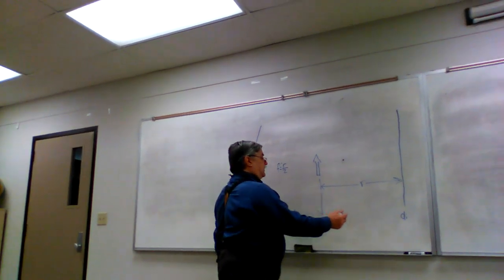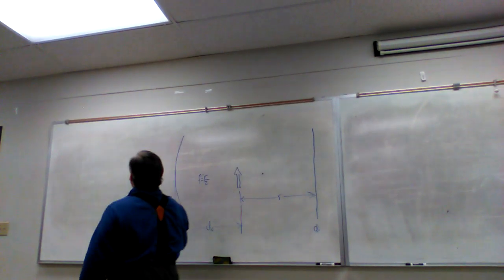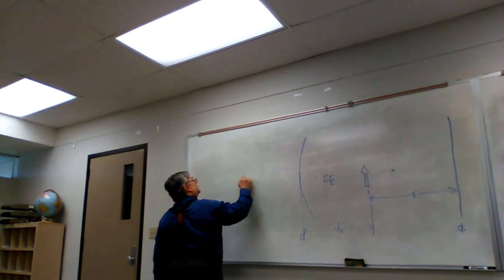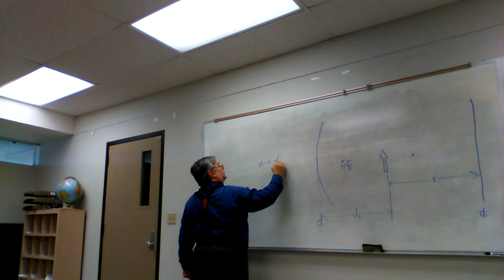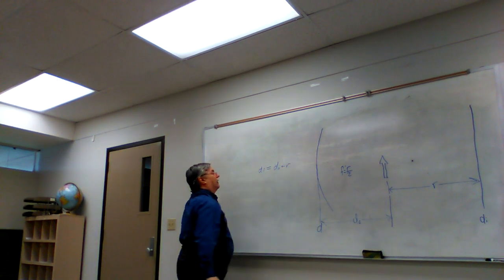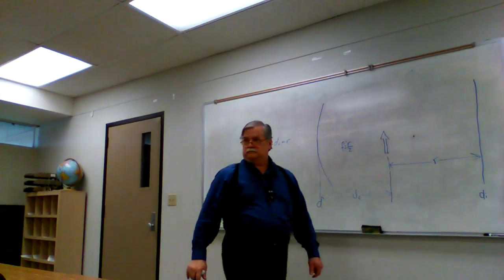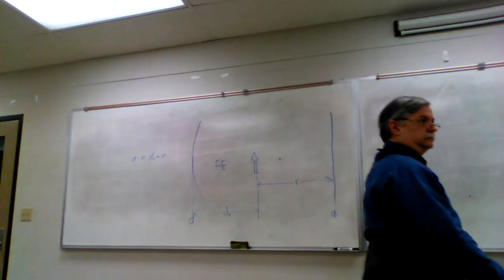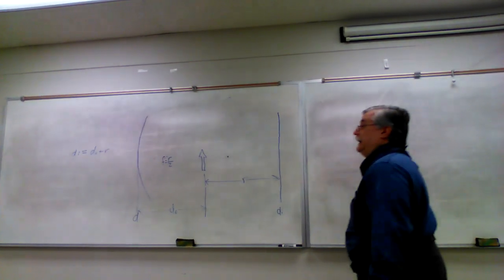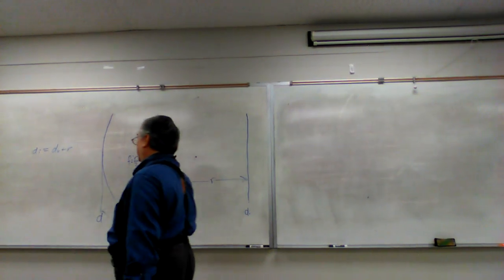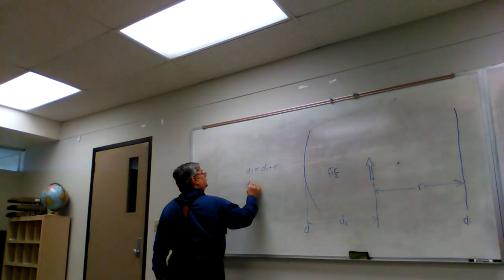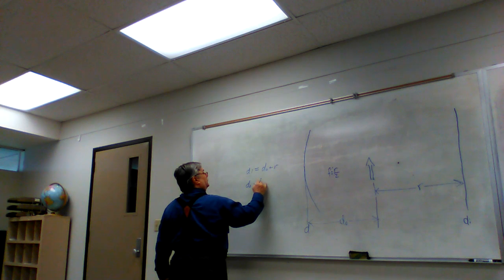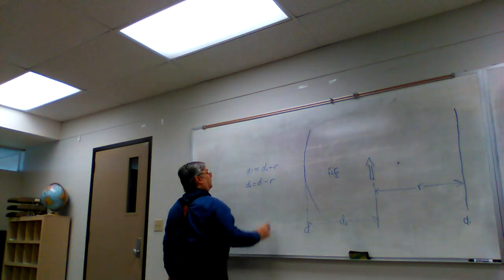And we know that d sub I is equal to d sub O plus r, right? Now, you could also write this as d sub O is equal to d sub I minus r.